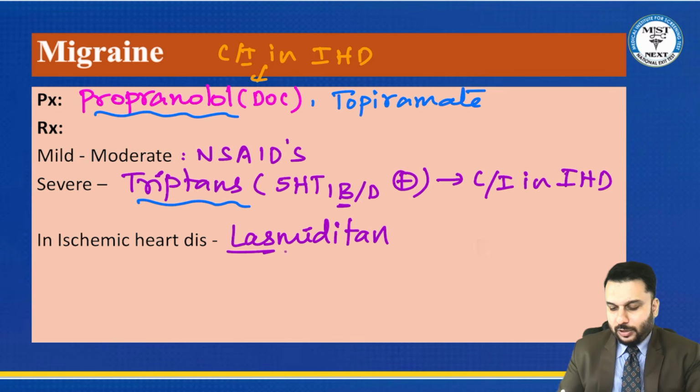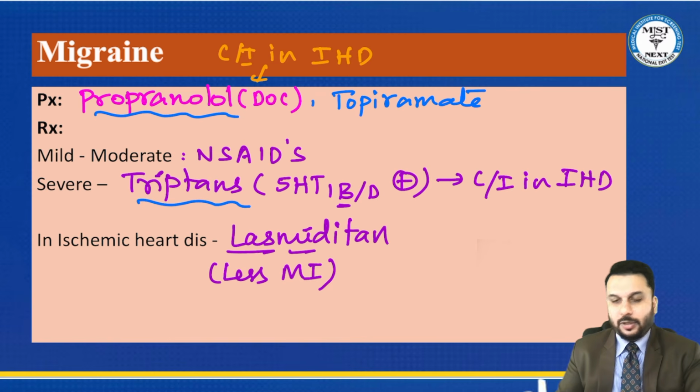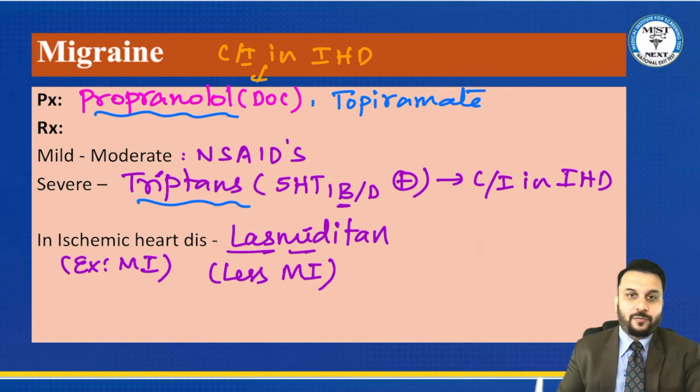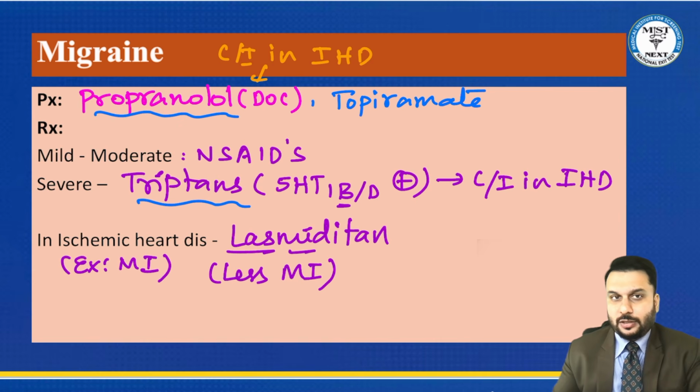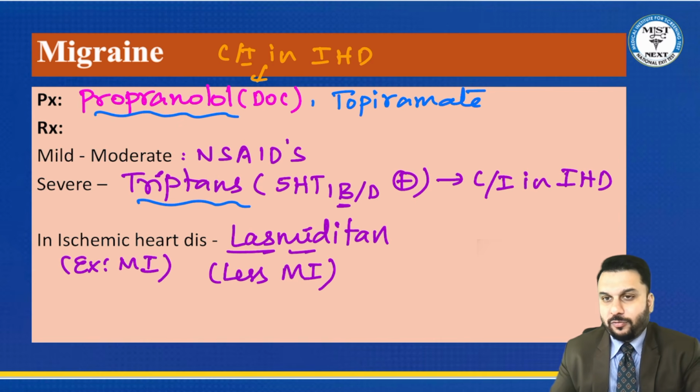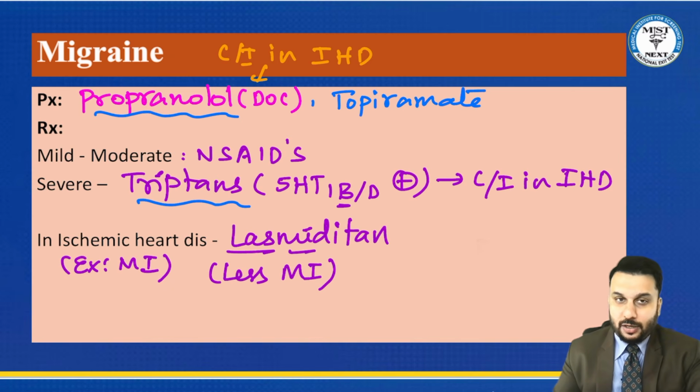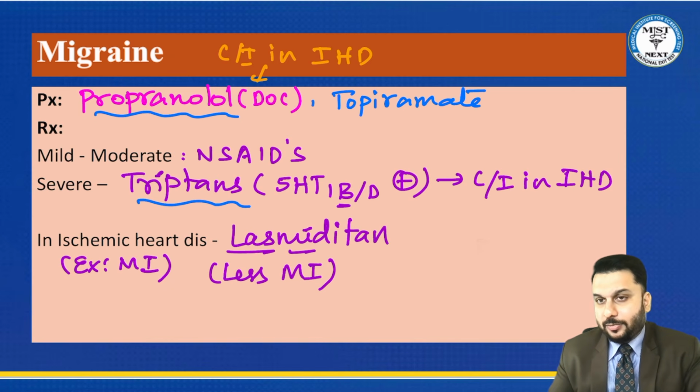I used to teach you less MI. The name itself is telling us that lasmiditan is the less MI drug, ischemic heart disease, example MI. So if you have MI plus migraine, see what the question is asking. If they're asking prevention, don't give propranolol, give something else. If they're asking treatment, then give lasmiditan.